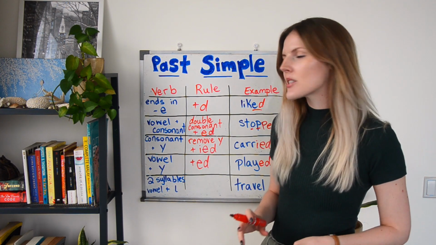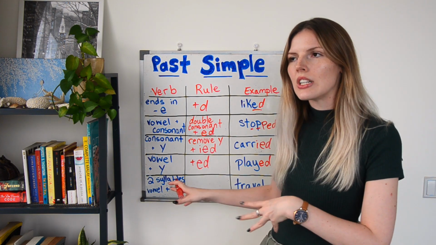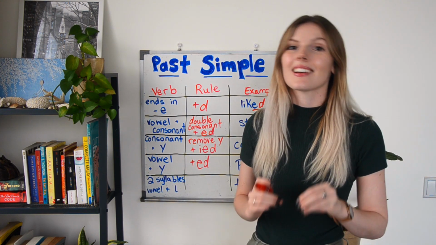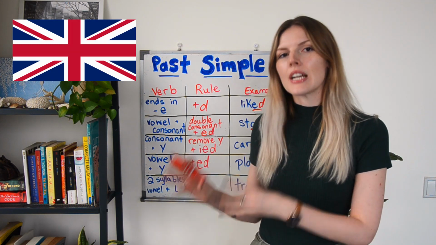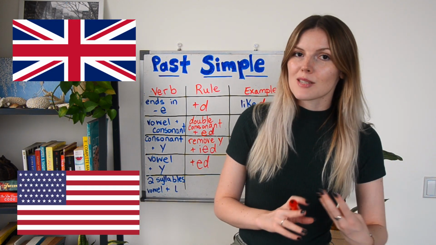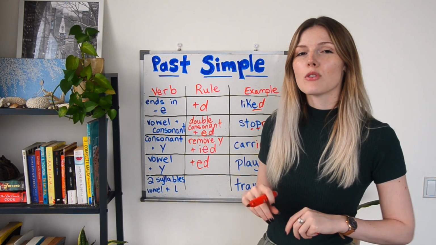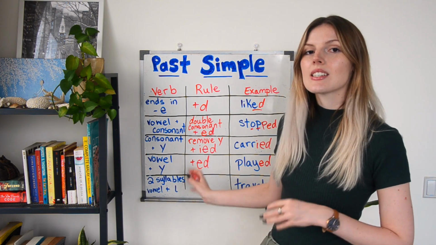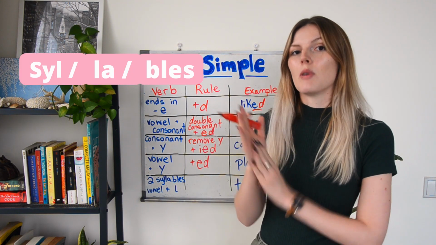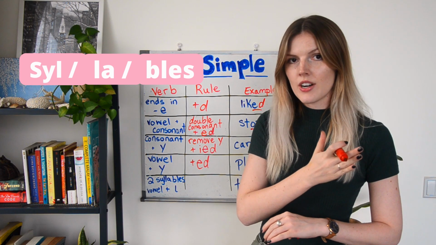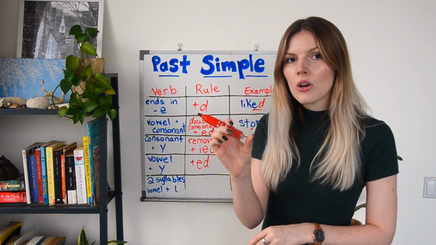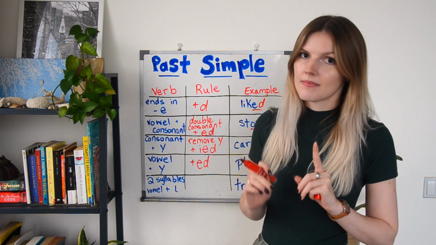And our last one. Now, this rule can change depending on country. Remember that British spelling and American spelling is different. If you have a word with 2 syllables, remember syllables, how we break up the word, but it ends in a vowel and an L, like this one.